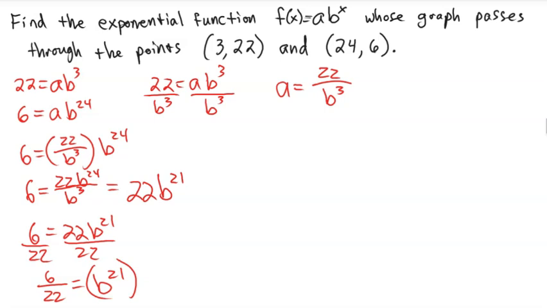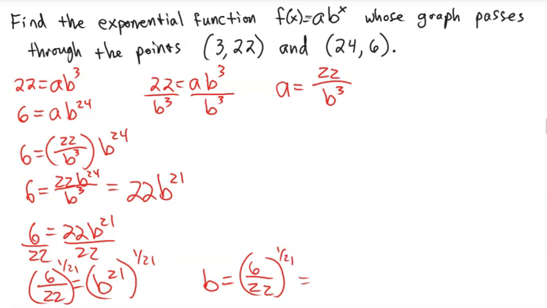Now we can do b to the 21st to the 1 over 21 power. We'll do the same thing over here, 6 over 22 to the 1 over 21 power. And let's do this in a calculator now. We'll have b is equal to 6 over 22 to the 1 over 21 power, okay?